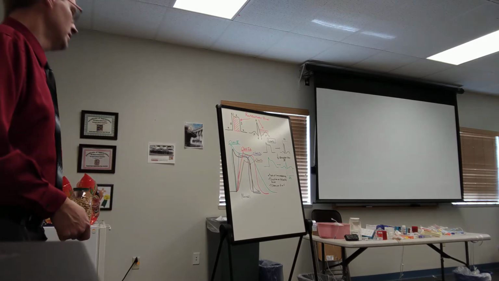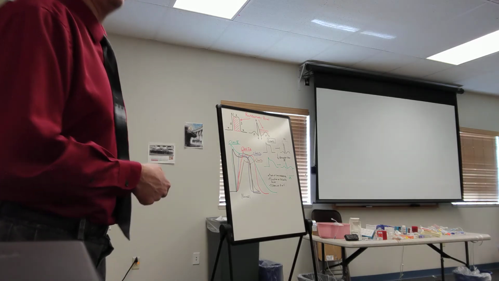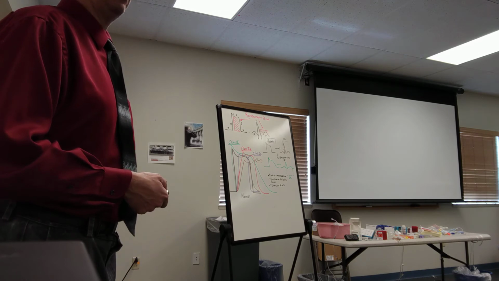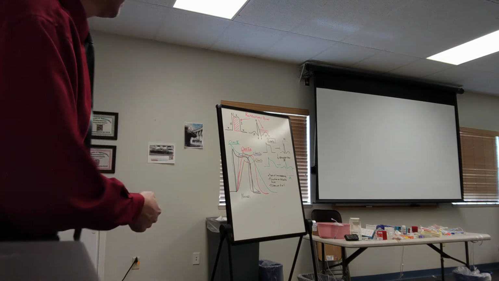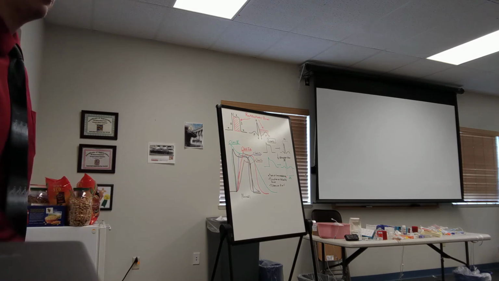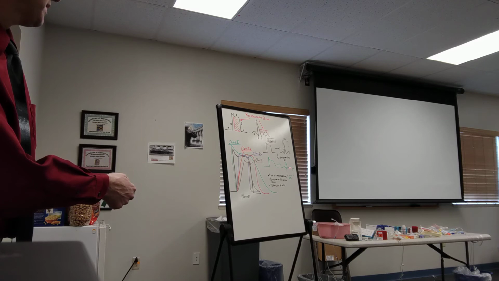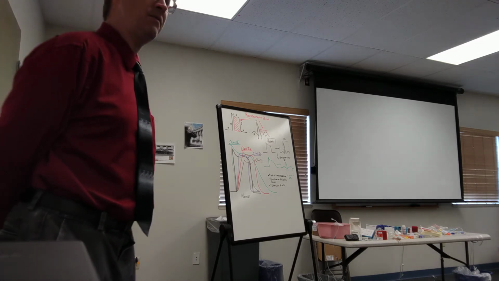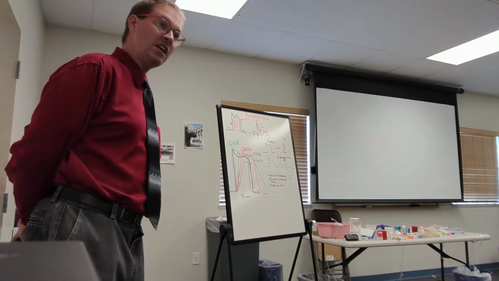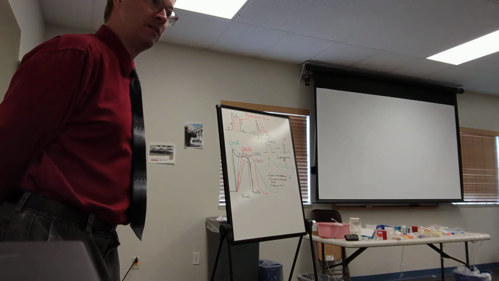But here's the question. Is it depolarization or repolarization that has prolonged? Repolarization. So if I look here at my QT interval, what has happened to the QT interval? The QT interval has stretched out, gotten larger, and I am spending more time in the T wave, the refractory period, right?